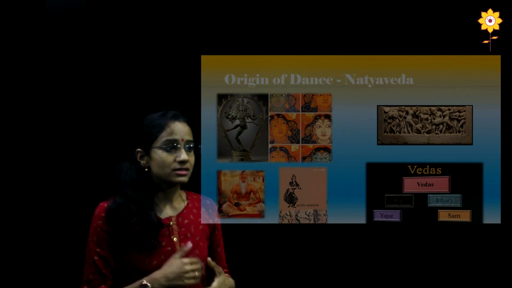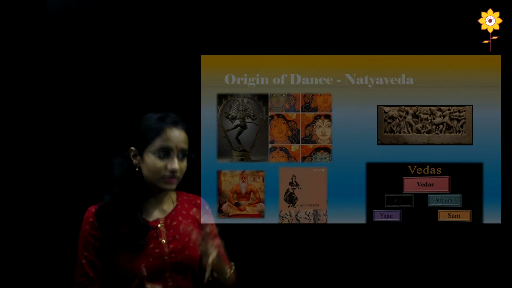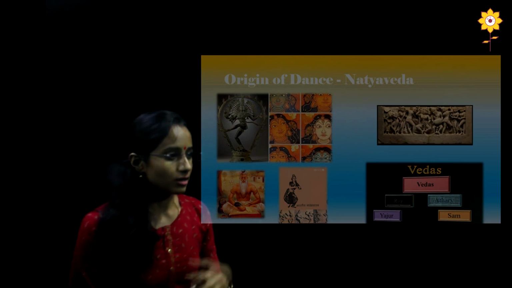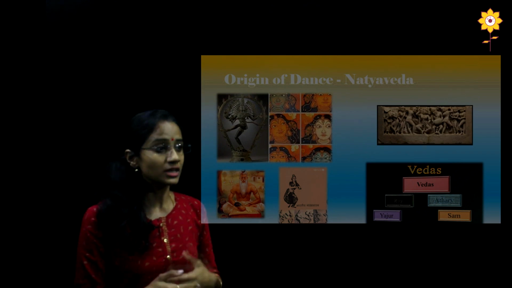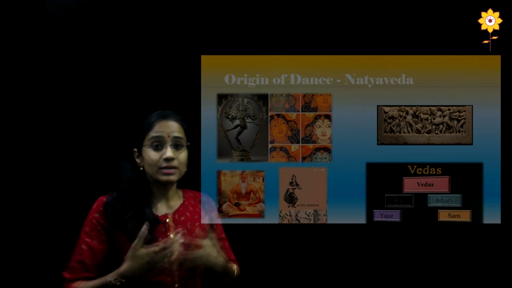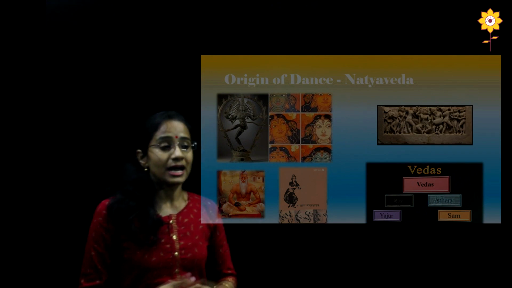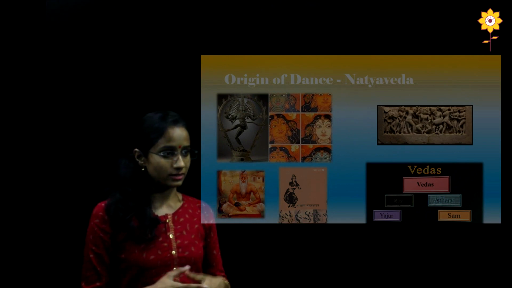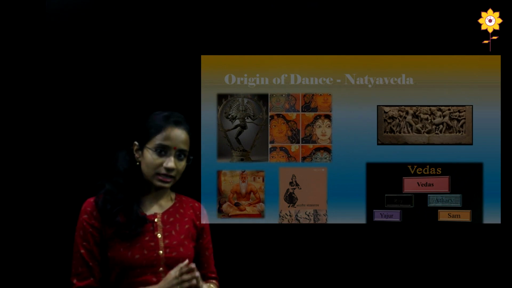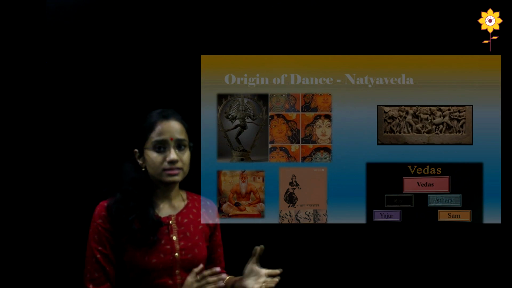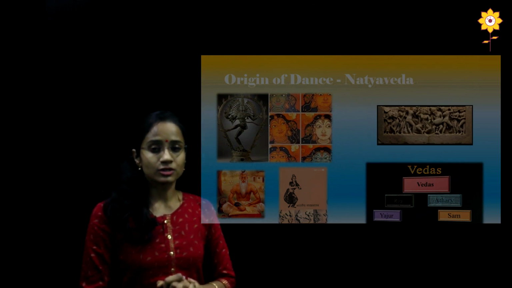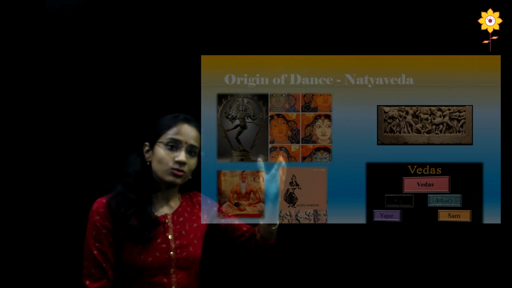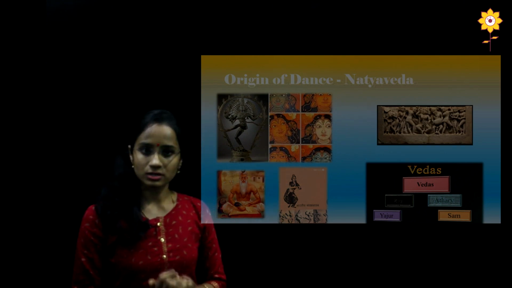For this, they took music from Sama Veda, expressions from Yajur Veda, emotions from Atharva Veda, and lyrics from the Rig Veda, and compiled everything together. That's how we got our fifth Veda, Natya Veda. Then Bharat Muni was assigned to take this forward to the community and the people, and that's how we started learning more about Natya Veda.